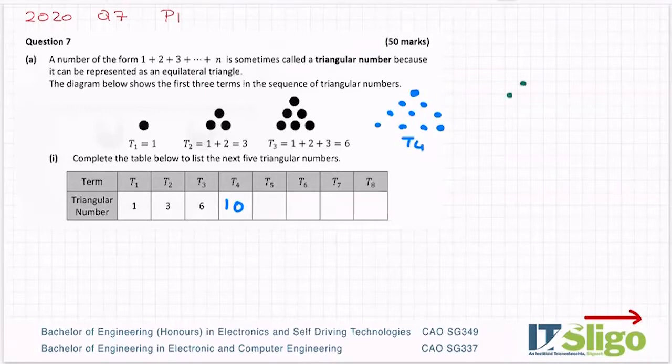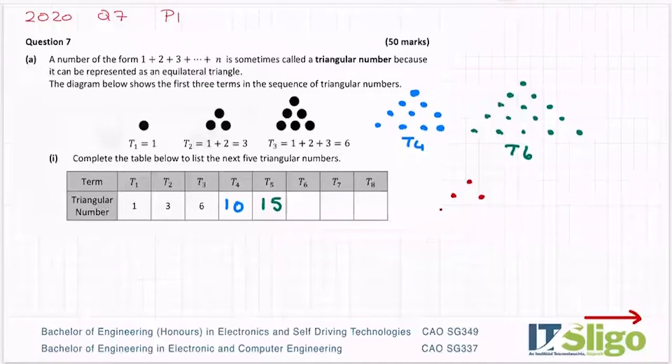T5, I need to add on 5. T6, I'm going to add on 6. Okay, because you can see the pattern that's been established now.